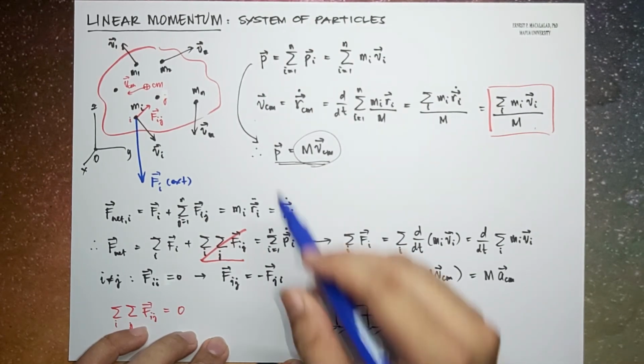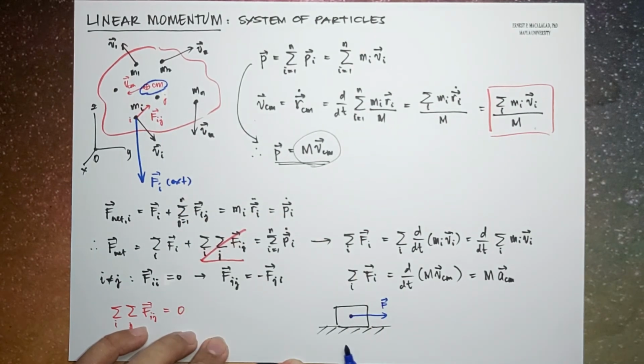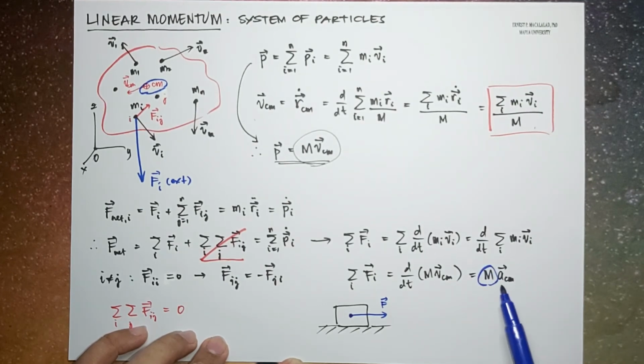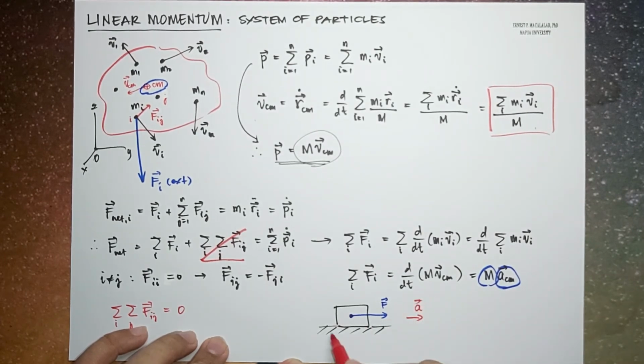So this center is actually the center of mass of this box, and this force is actually applied on the center of mass, and the center of mass is represented by the total mass, capital M, and this ACM is actually the acceleration of this system of particles.